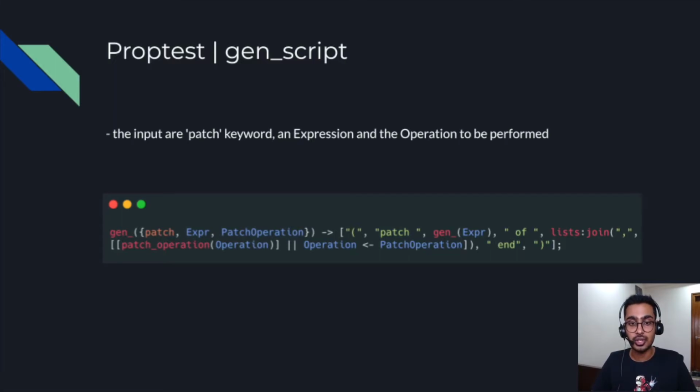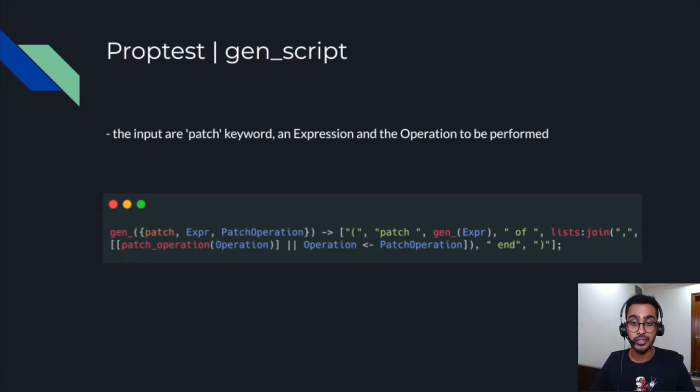So next, as you can see, different structures and different operations are generated here. The patch keyword in the beginning. After that, we recursively call the gen function again inside the gen function. It can be anything, right? It can be nested loops or anything.